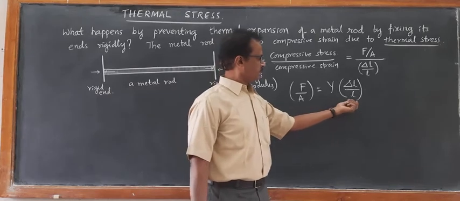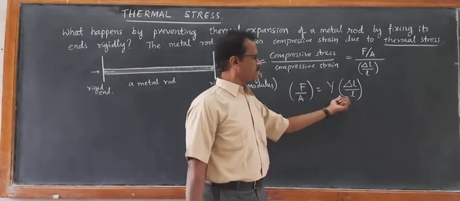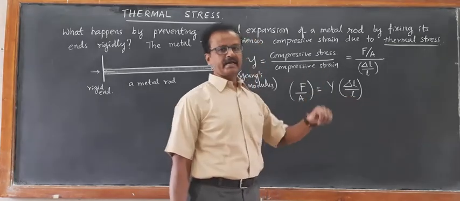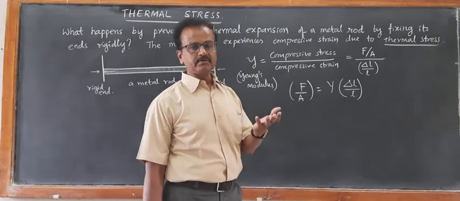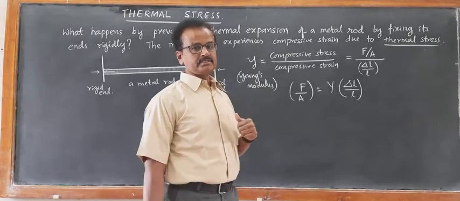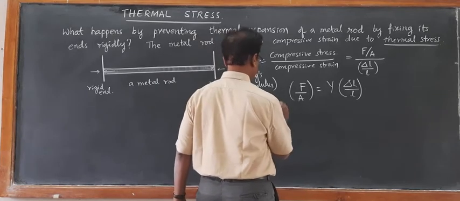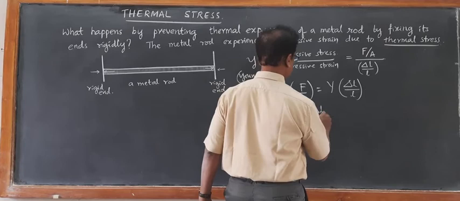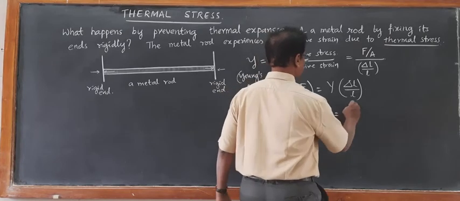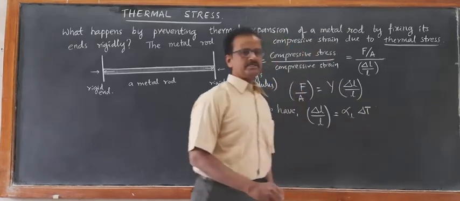Now it depends on the thermal strain. Delta L by L is the thermal strain. Thermal strain can be calculated using the coefficient of linear expansion, which we have just learned in this topic. We have delta L by L is equal to alpha L into delta T, where delta T is the change in temperature.